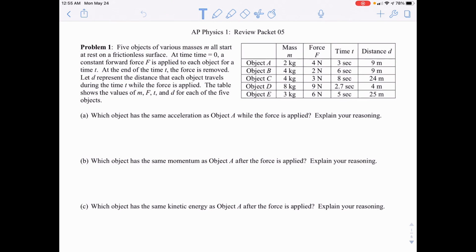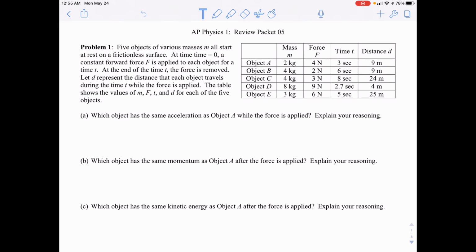Let d be the distance that each object travels during the time t in which the force is applied. The table shows the values of m, the mass, F, the force, t, the time the force was applied, and d, the distance that the object traveled during which the force was applied.